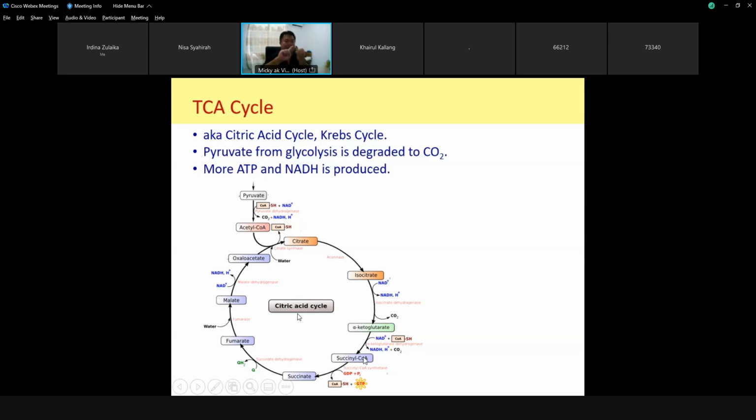Citrate, isocitrate, alpha ketoglutarate, succinyl-CoA, succinate, fumarate, malate, oxaloacetate. My method is a bit dirty, but I tell my students and myself, there's a lot you have to remember. I remember it like this: a sentence ending in fumarate, so that is how you remember.